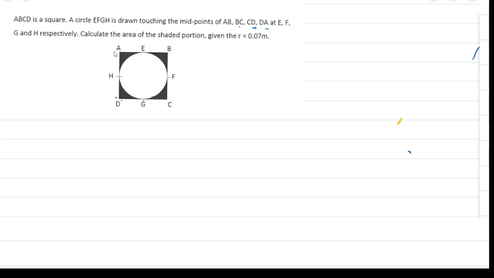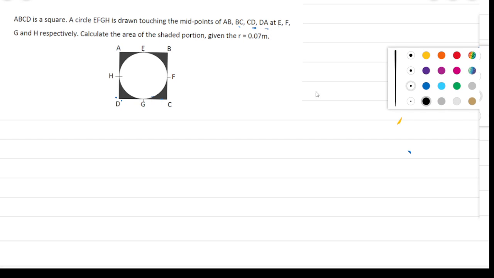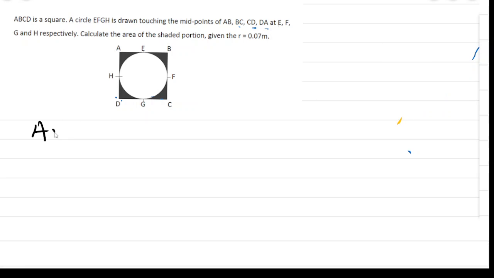What we want is to find the area of the shaded portion. We first calculate the area of the square. Then from this area of the square, we will subtract the area of the circle.